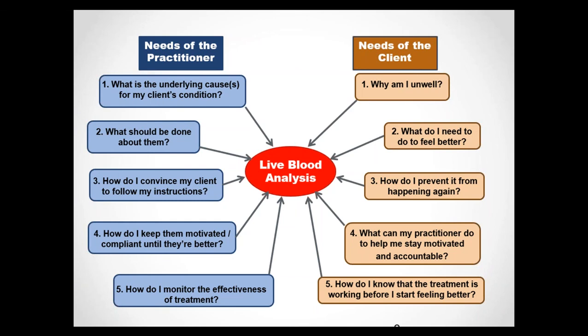Now, in the natural health field, there are so many different products available, so many different diets and opinions and protocols that it can be quite a challenge to work out exactly what needs to be done for each and every client that you see in practice.